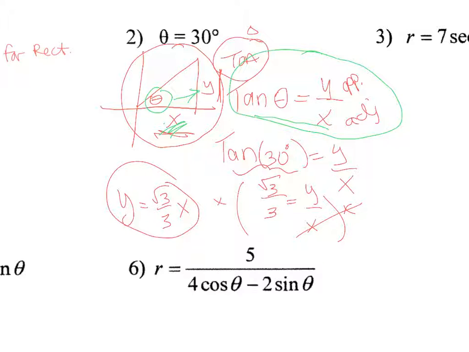Then we're going to insert 30 degrees for theta. We know that the tan of 30 degrees in the first quadrant is root 3 over 3. So then we have root 3 over 3 is equal to y over x. We want to get rid of the x in the denominator, so we multiply both sides by x. And that's how we end up with y equals root 3 over 3 x.